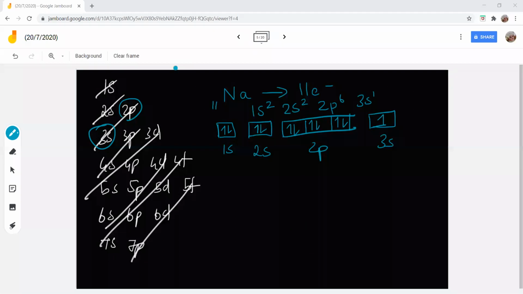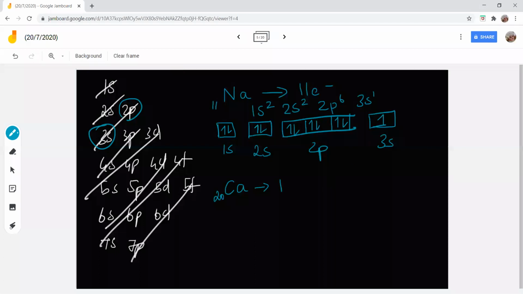Yes, ma'am. Okay, the element is calcium. Its atomic number is 20. So now first, which orbital will get filled first? 1s.